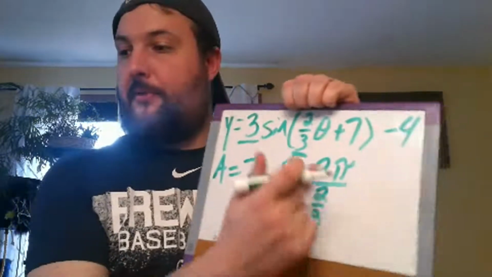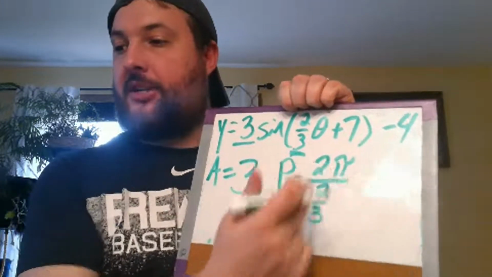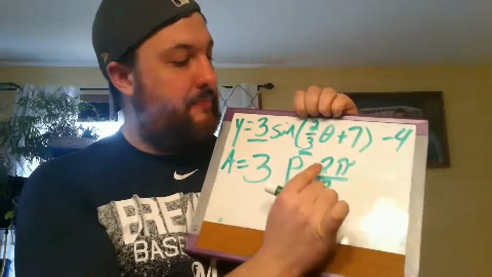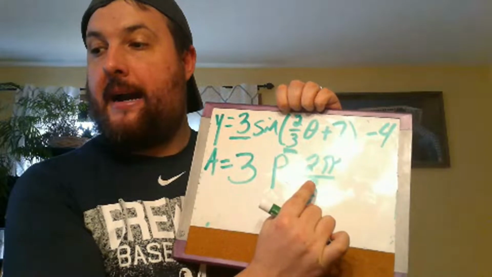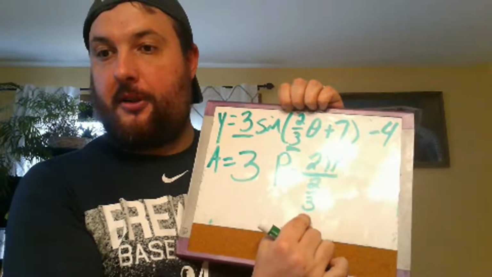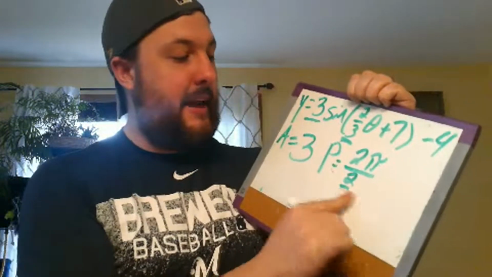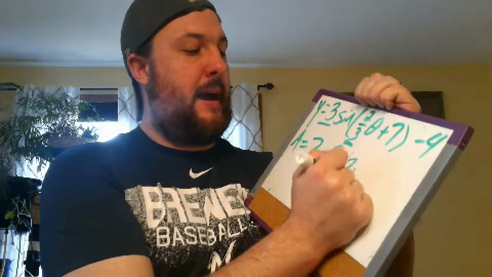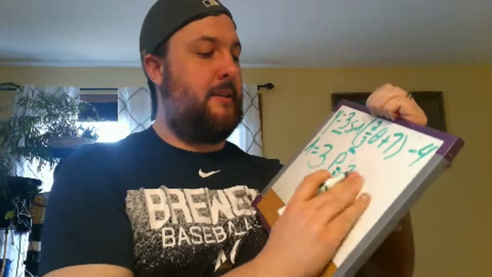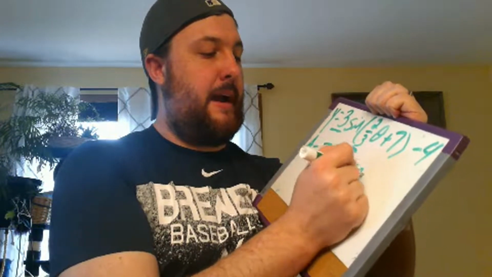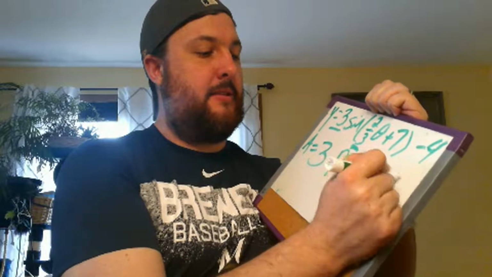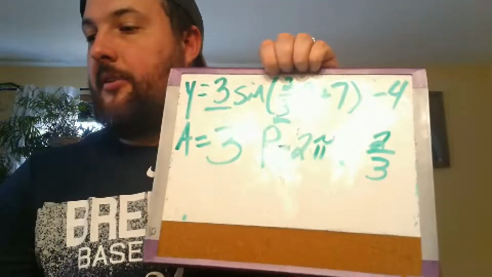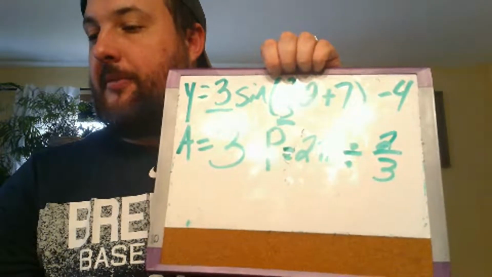All right, so we have to simplify this fraction a little bit because it's a little messy. All this is saying is 2 pi divided by 2/3. So I'm going to rewrite that a little neater, 2 pi divided by 2/3, and just evaluate to simplify it.